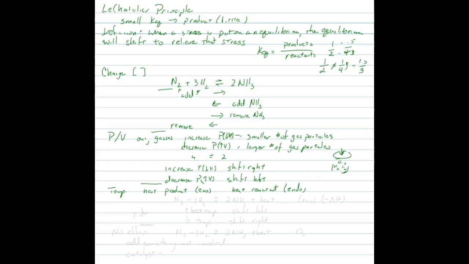So up above you can rewrite it N2 plus 3H2 in equilibrium with 2NH3 plus heat. That would be an example of an exothermic, or you can just write down exothermic, or you can write down a negative delta H of some sort. 3 different ways of expressing that.